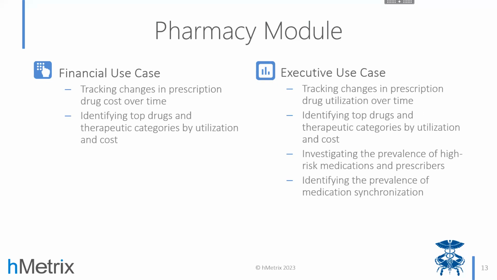And then perhaps one of the most potentially actionable pieces, though in many cases it does take coordination with providers in the community, is looking at the medication synchronization opportunity reports. We'll take a look at those now as well.